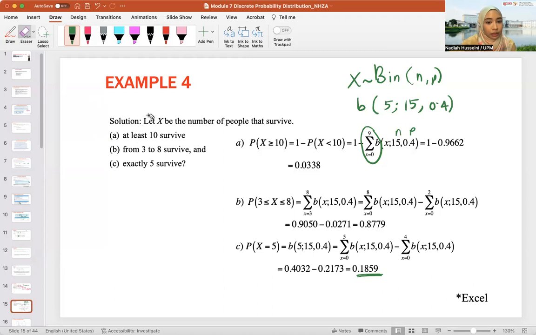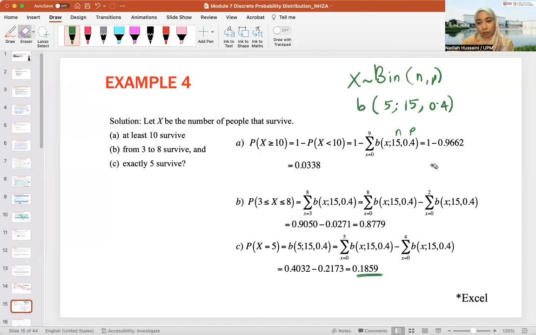So now we're talking about x being greater than or equal to 10, which is equal to 1 minus the probability of x being less than 10. So if we were to use the cumulative function, it would be 1 minus the summation from 0 to 9 of the binomial distribution x, 15, and 0.4.